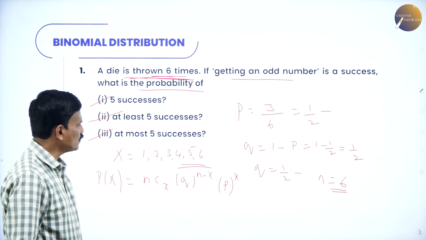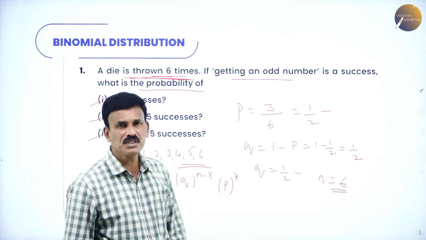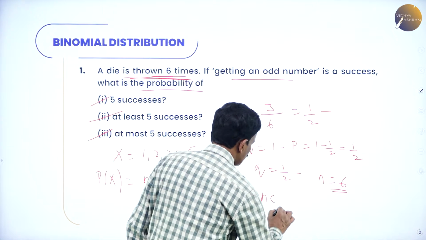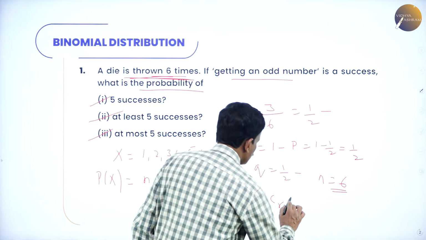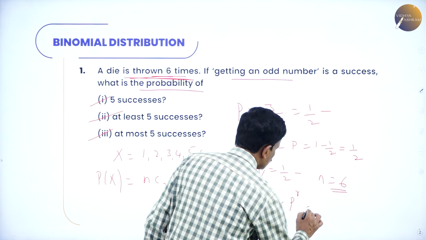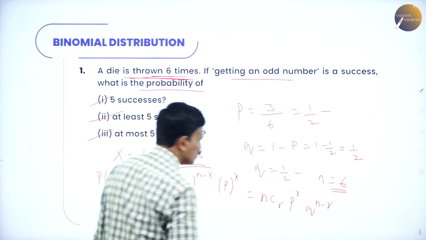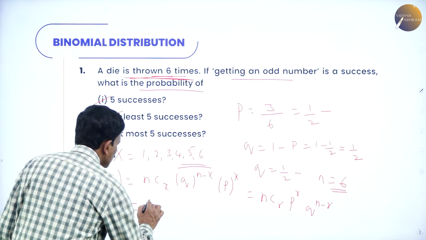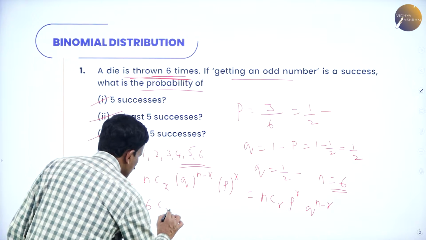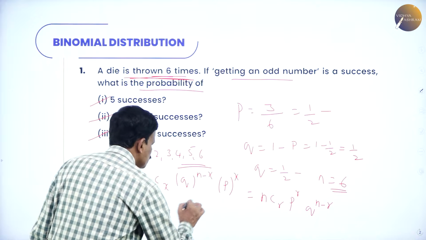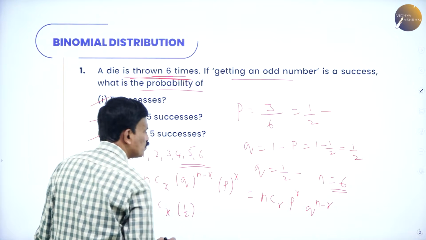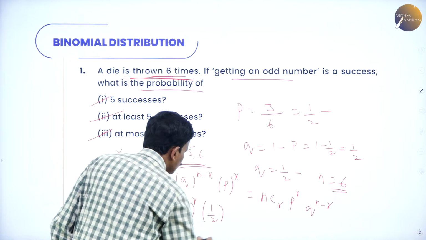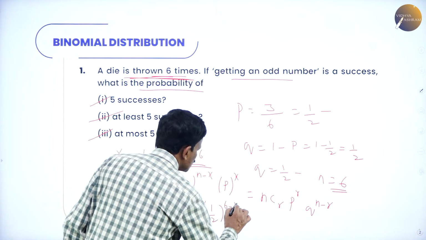If you want, we can also write nCr p to the power of r q to the power of n minus r. One and the same. So probability of x is equal to 6Cx, p is 1 by 2 to the power of x, into q, which is 1 by 2 to the power of 6 minus x.